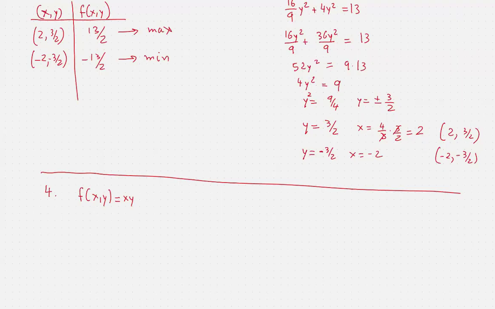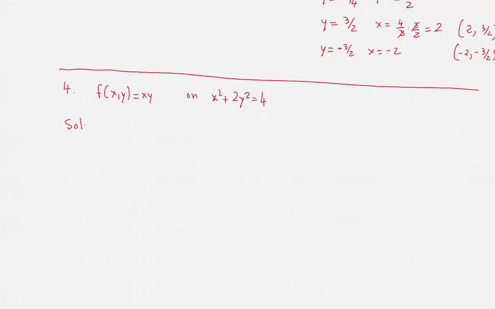So, for the solution, again, we have to define a function for the underlying constraint. So, we define a g of xy to be x squared plus 2y squared minus 4.